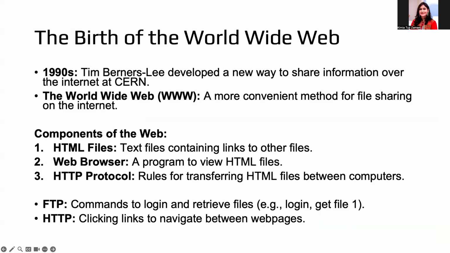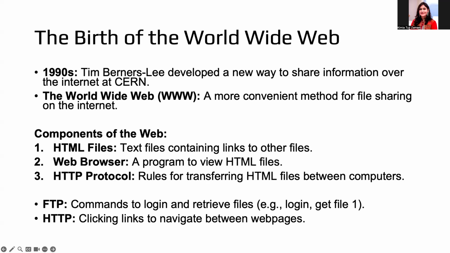The web as we know it today was created in the early 90s by Tim Berners-Lee at CERN. It was a revolutionary step that made accessing and sharing information on the internet much faster, easier, and far more user friendly. Three key components made this possible.